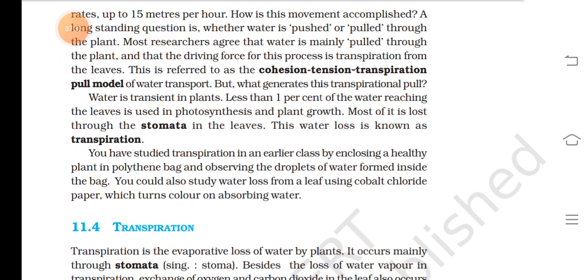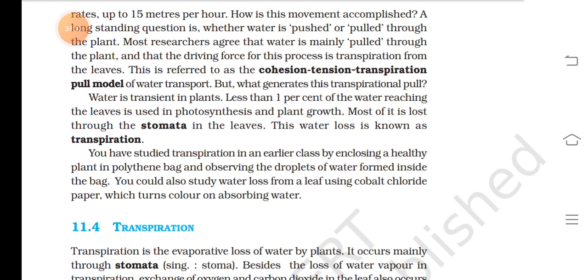A long standing question is whether water is pushed or pulled through the plant. Most researchers agree that water is mainly pulled through the plant and that the driving force for this process is transpiration from the leaves. This is referred to as the cohesion tension transpiration pull model of water transport.